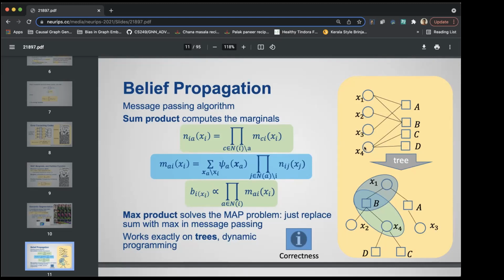The message that x4 sends to b is the product of the messages that it receives from the other factors that it's connected to. So whatever message x4 sends to B is equal to the message C sends to x4 times D sends to x4. Similarly, whatever message x4 sends to C is the product of the message from B to x4 and D to x4.